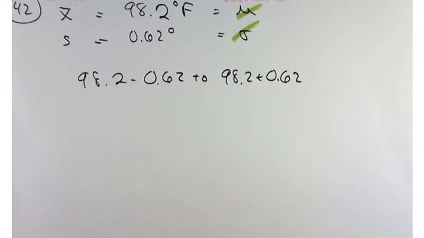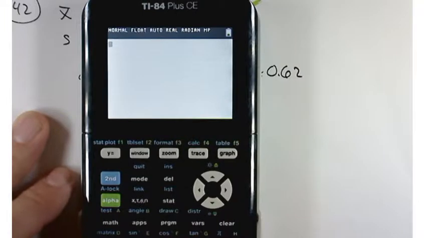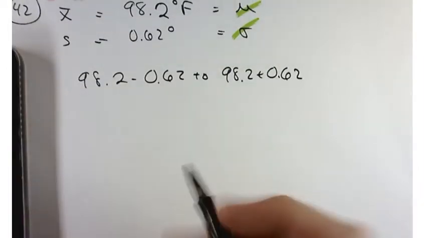You can do that on your calculator, you can do it on Google Sheets, whatever you find convenient. If you happen to have a graphing calculator, there is a little bit of a convenience there for you. We'll type in the 98.2 minus 0.62, and I get 97.58.